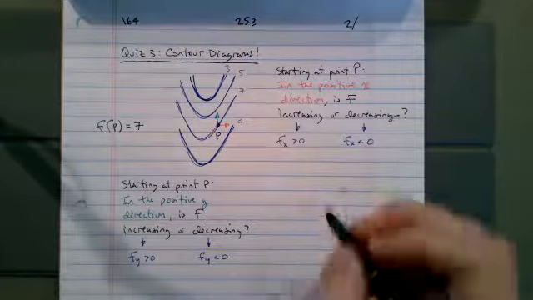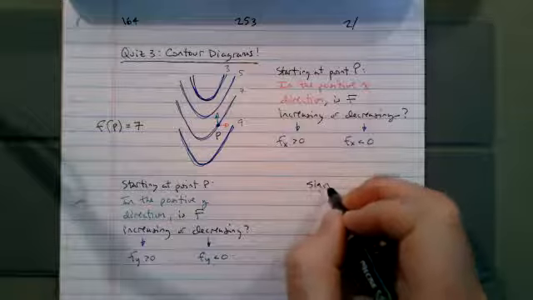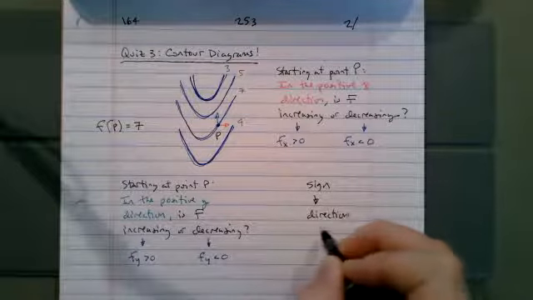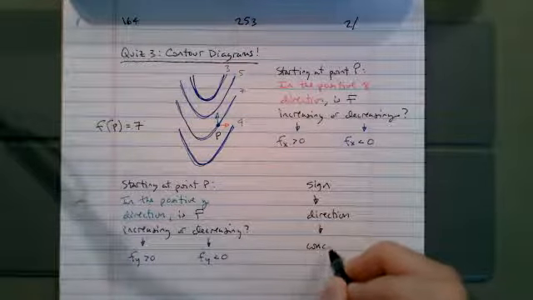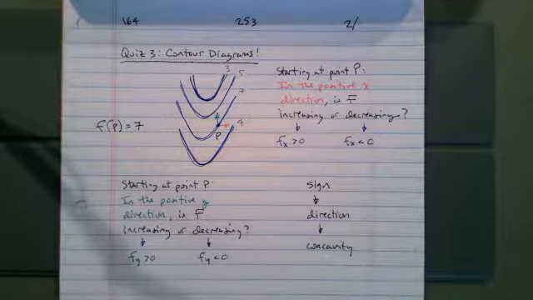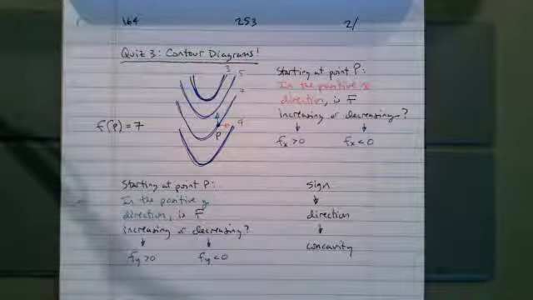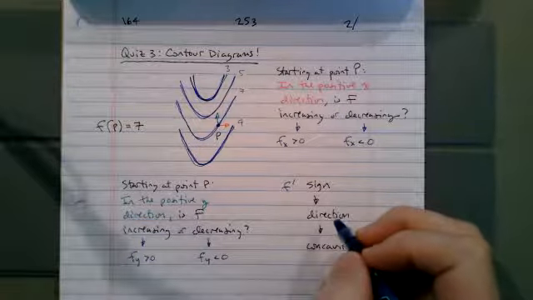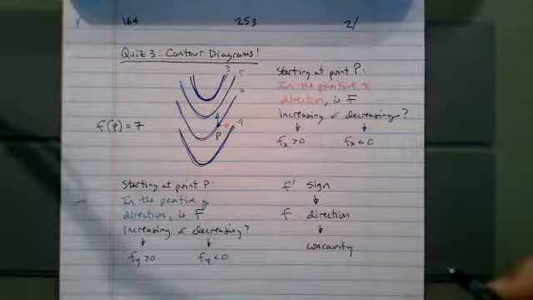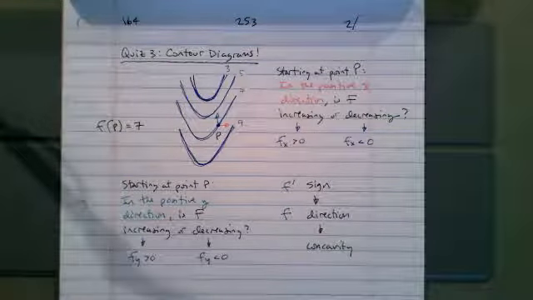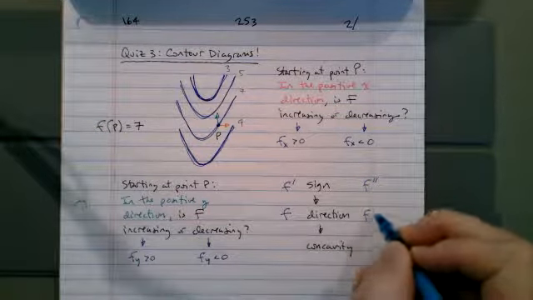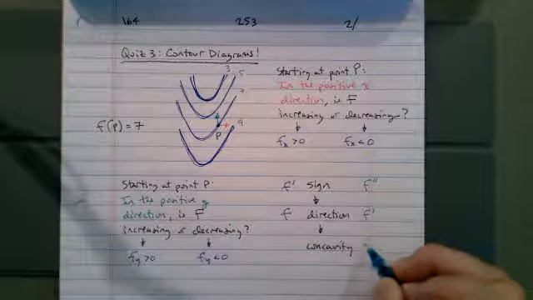So there's that stack of characteristics. The sign of the derivative indicates the direction of the function. Or if we have two derivatives, the sign of the second derivative will indicate the direction of the first derivative, which will tell us the concavity of the function.